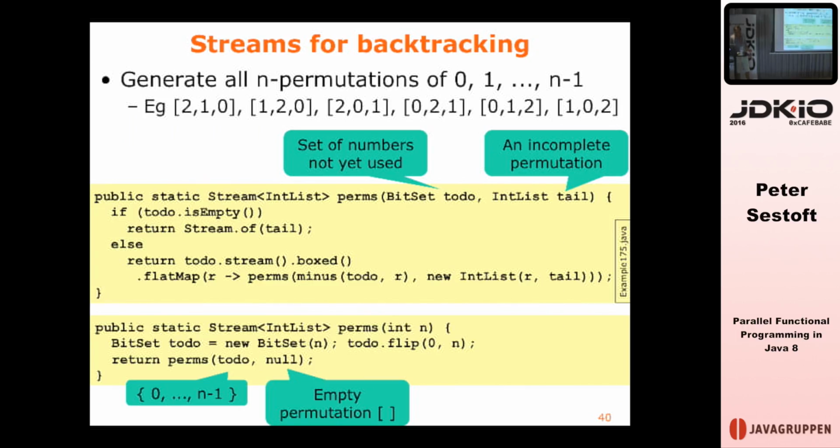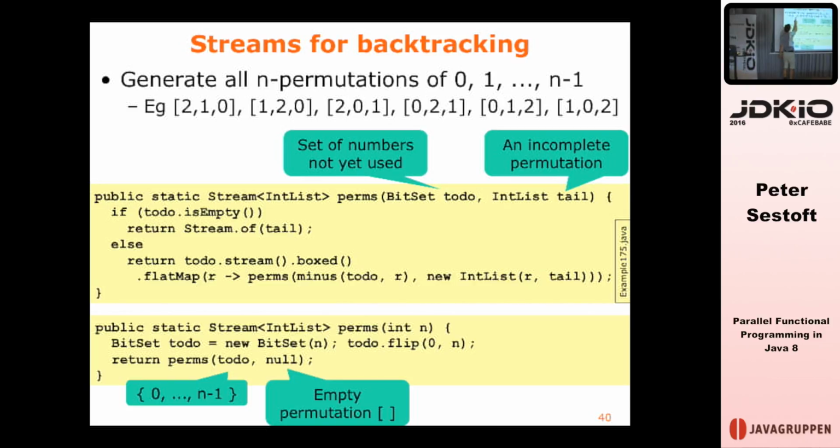Okay, let's try to use streams for something somewhat more mind-boggling than adding numbers. So let's assume we have this simple programming exercise of computing all n permutations. So for n equals 3, we have the 6 permutations. Numbers are 0, 1, and 2.